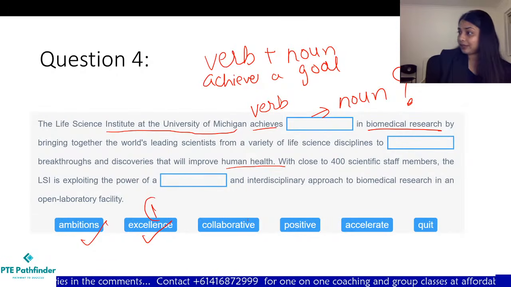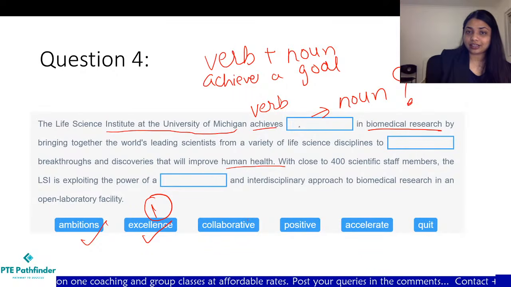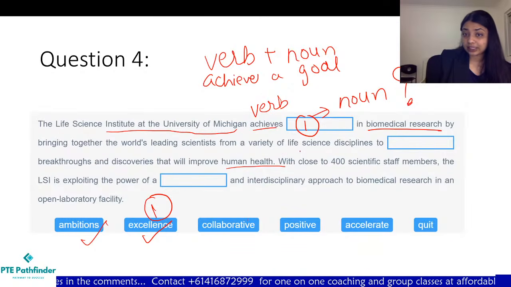So very good, guys. Good work, Yuvraj, Sneha, Chetan, Palak. Good work. So the first answer in this case is excellence. Good work. Now the next one. It says bringing together the world's leading scientists from a variety of life science disciplines to dash.